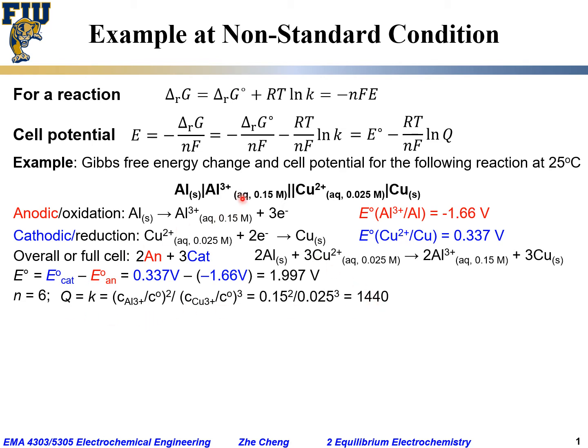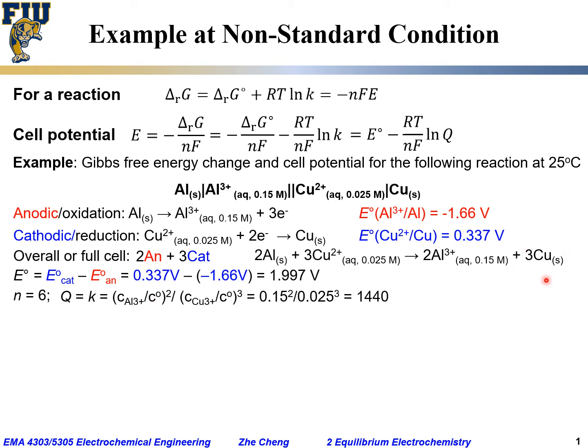And because the electrolyte solutions are not under standard concentration, the reaction quotient Q, which we also sometimes write as K, would be for the products, copper and aluminum 3+ ion. The activity for aluminum 3+ ion would be equal to concentration divided by standard concentration.